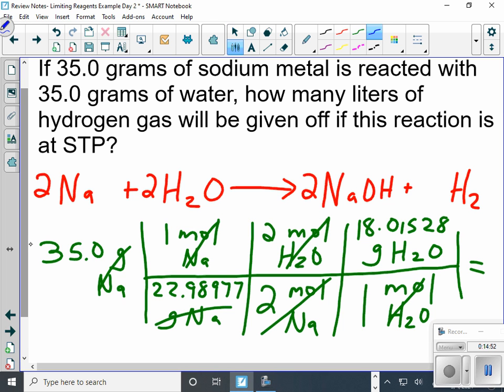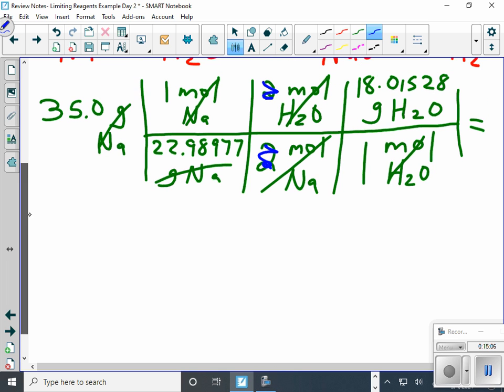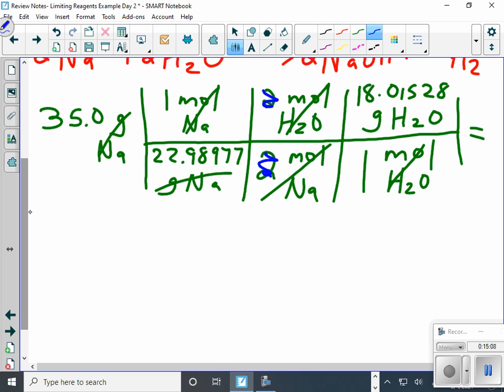Now, as I'm looking at this, I have a 2 over a 2, so I'm not going to do that. So I'm going to take the 35, divide by 22.98977, and then multiply that by 18.01528, and it's going to give me grams of water.